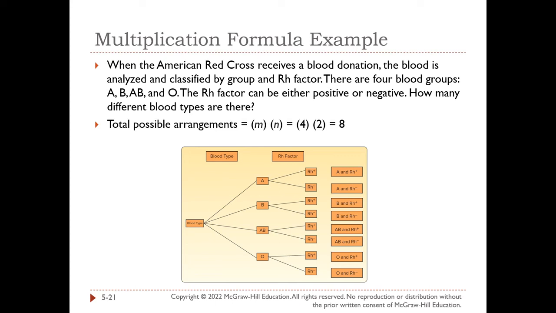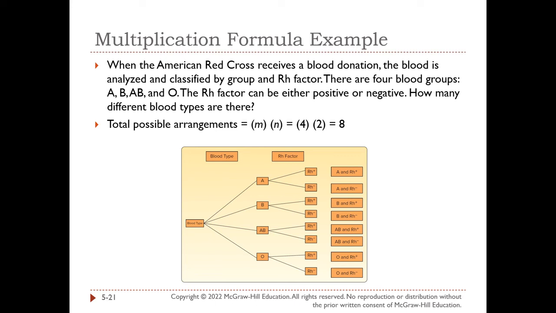Okay. How many different blood types are there? Okay, so the possible arrangements that we can have is, since we have 4 blood groups and only two positive or negative RH factors, we'll end up multiplying the two, and we can have a possibility of 8 outcomes.